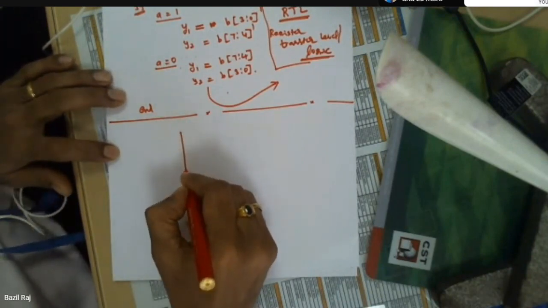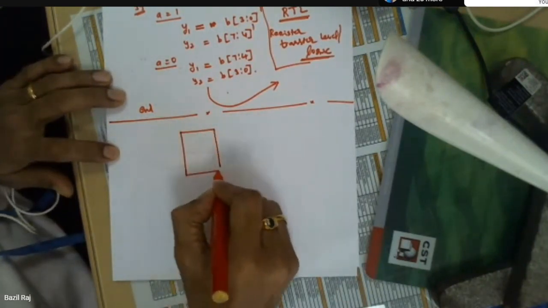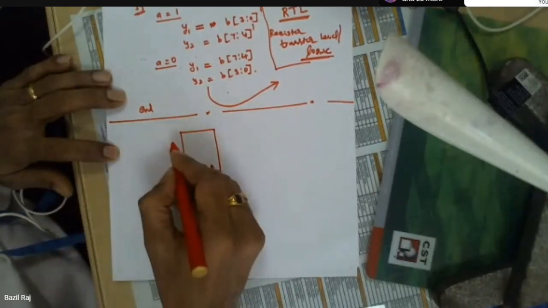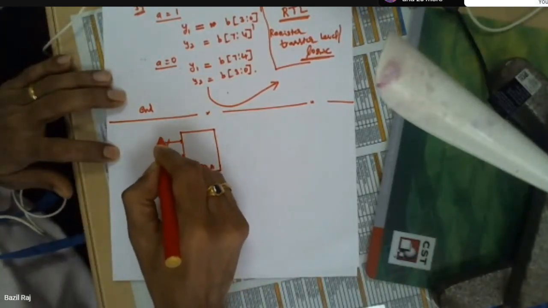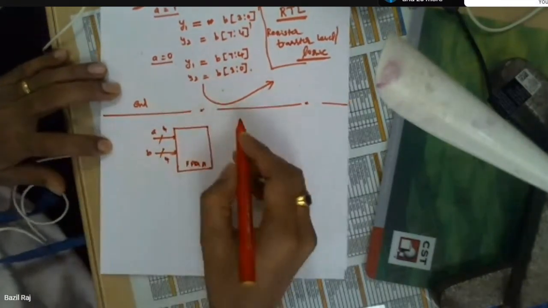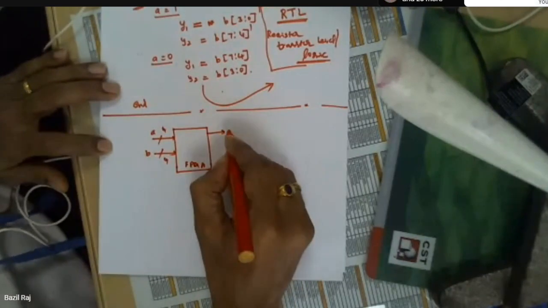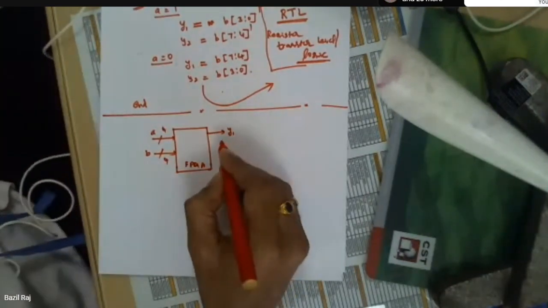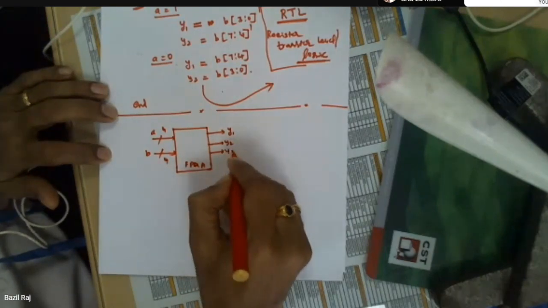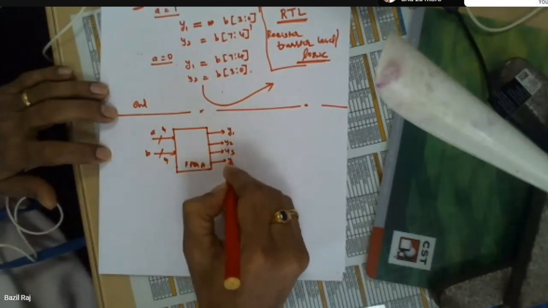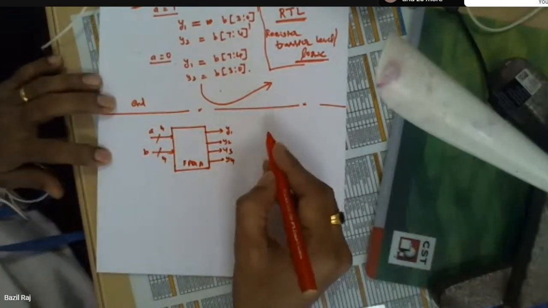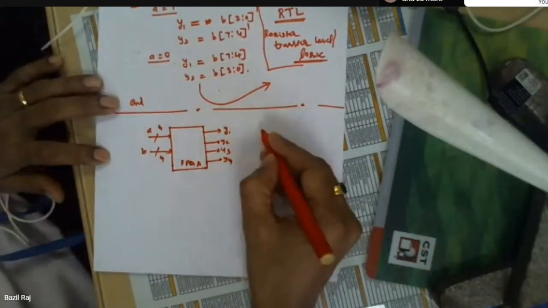So this is my result. This is our FPGA. I'm taking here A, B, this is 4 bits, this is also 4 bits. Y1, Y2, Y3, Y4, right, Y4, fine.